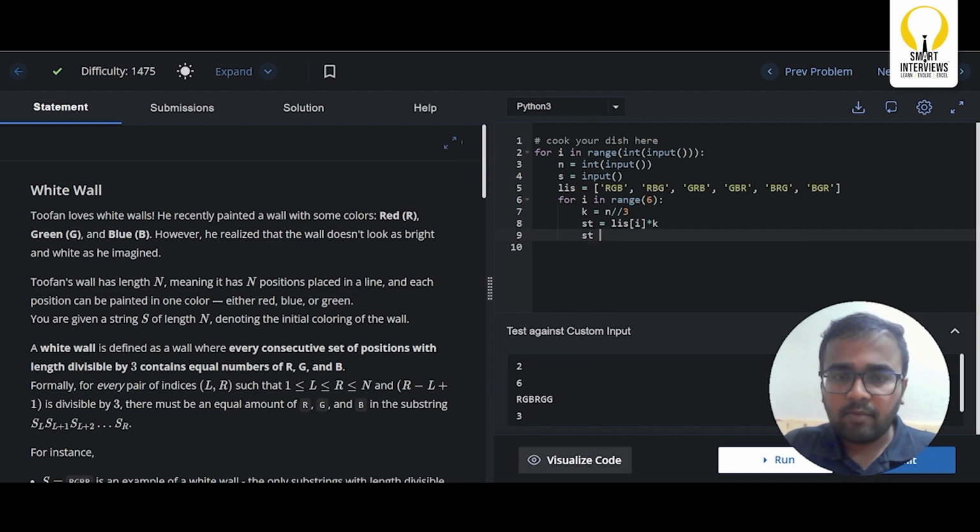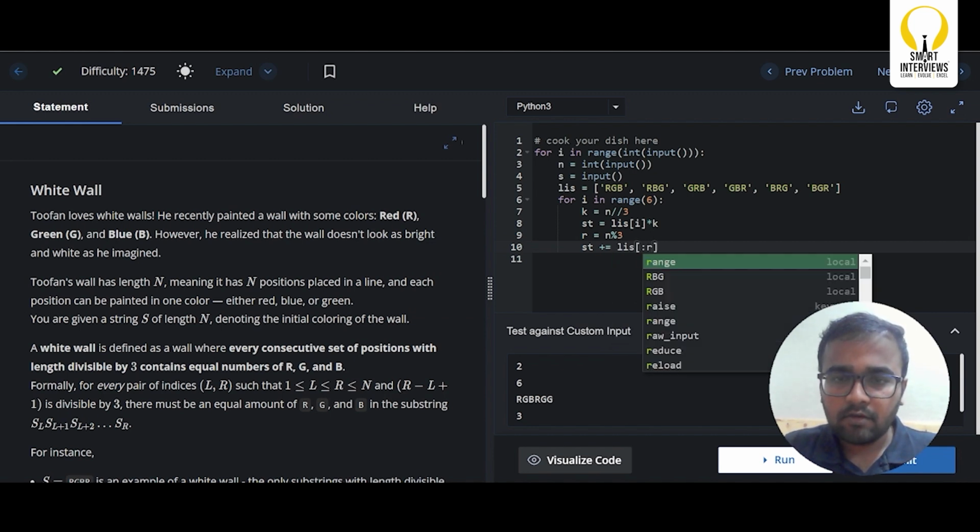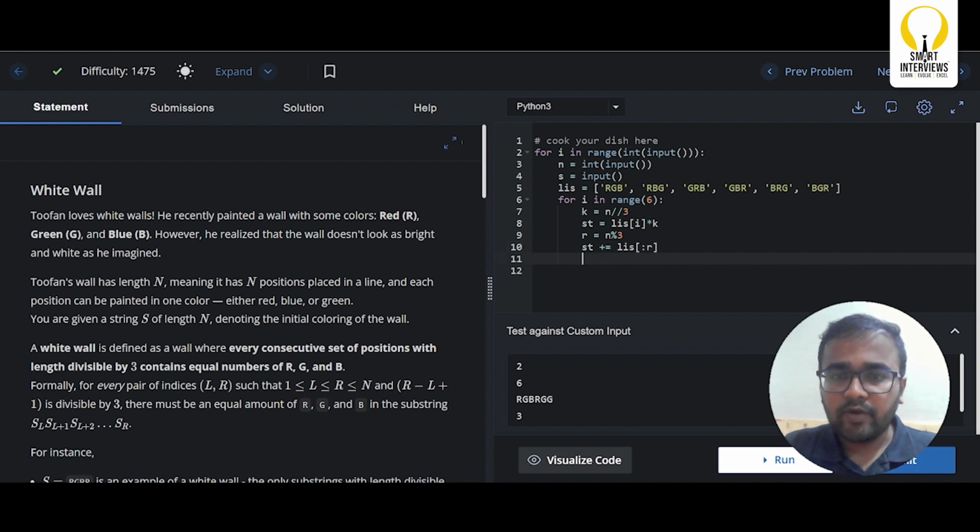Then the remaining string is dependent on the remaining characters. The remaining characters are nothing but the remainder of it. So this is going to fill the remaining characters.